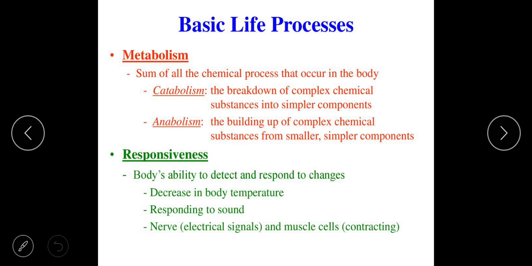For example, carbohydrates, fats, and proteins, when they are synthesized in the body, we call it an anabolic reaction. When glucose is broken down in the body cells to release energy, we call it a catabolic reaction. The sum of all these reactions in the body is known as metabolism.